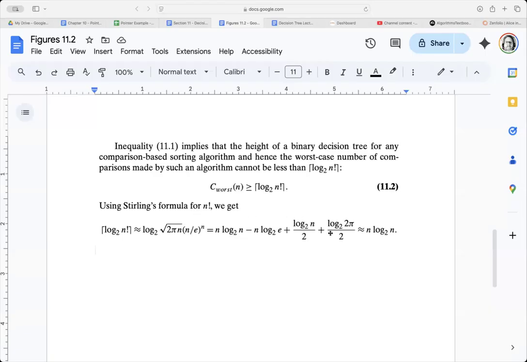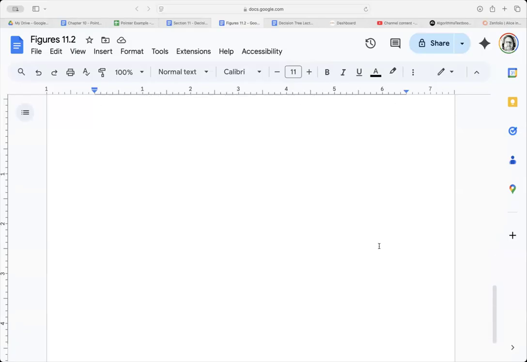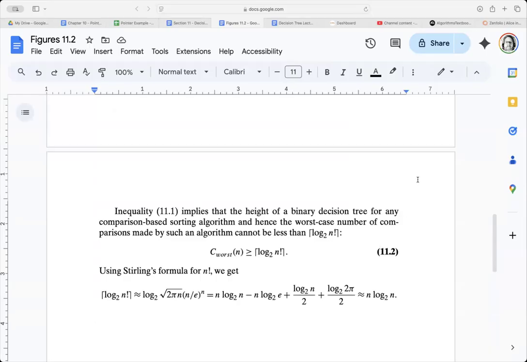So this is where we talk about the best possible theoretical performance of a comparison-based sorting algorithm being n log n. So that's where quicksort is in its best case, and where merge sort always is. Okay, so that's what we're getting at there. That's the idea from that one.